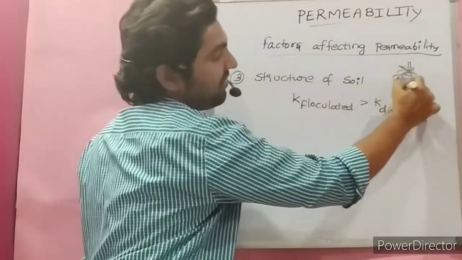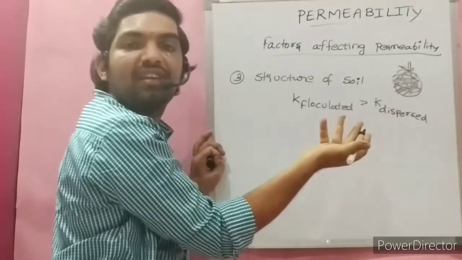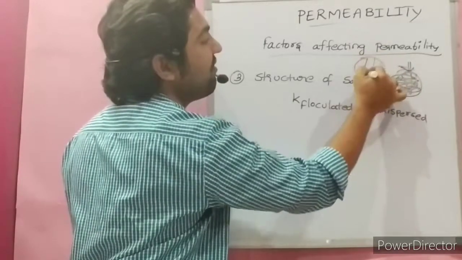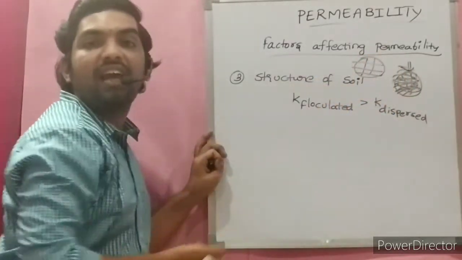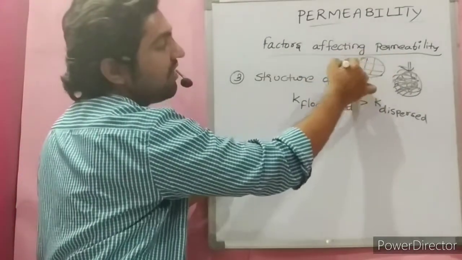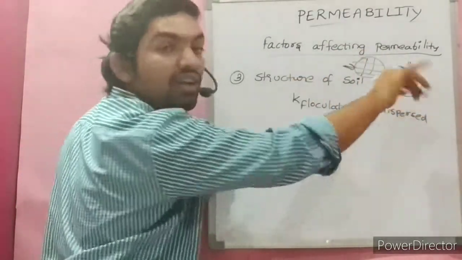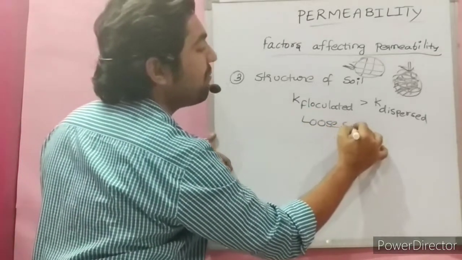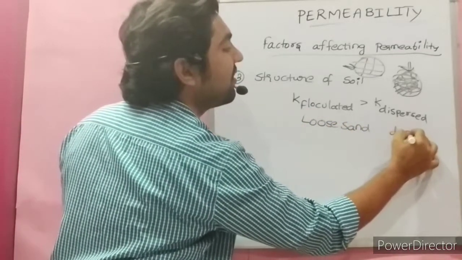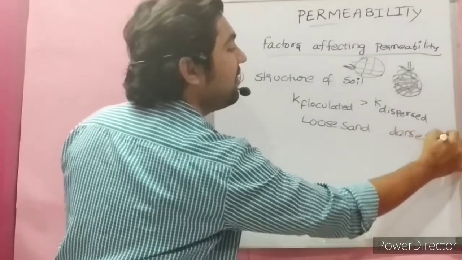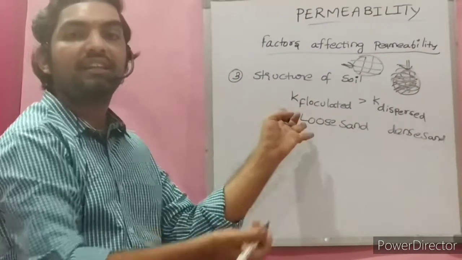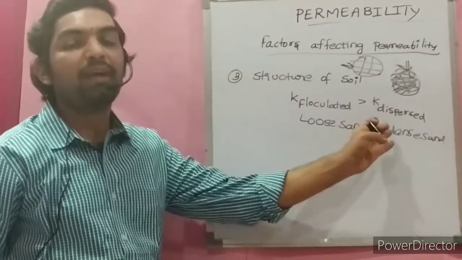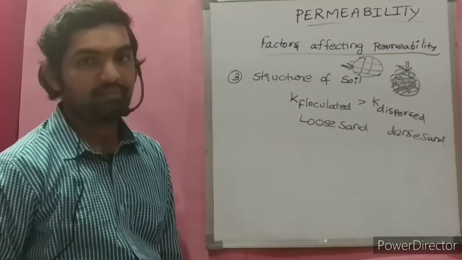Well compacted dense sand has less permeability, obviously, compared to a loose sand where void ratio is very, very high. Water can easily flow where there are voids, but water cannot flow here. Hence, permeability of loose sand is more when compared to a dense sand. In a similar manner, you can say a flocculated structure has more permeability compared to a dispersed structure.